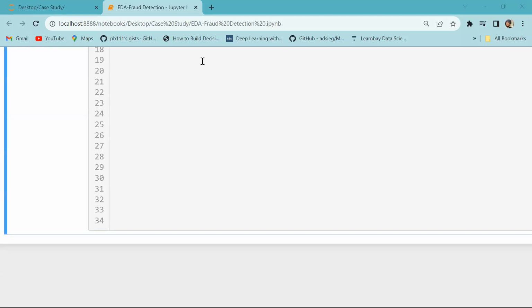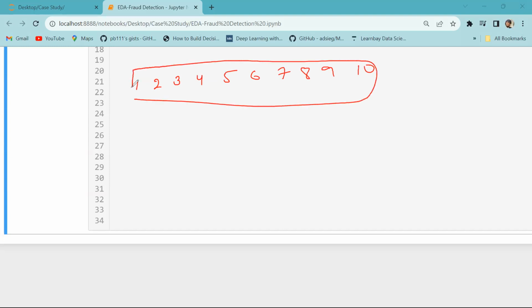Let me talk about an example. Say you have 1, 2, 3, 4, 5, 6, 7, 8, 9, and 10. If we have data, it can be distributed like that. Then the minimum is 1, max is 10, what is the middle number?